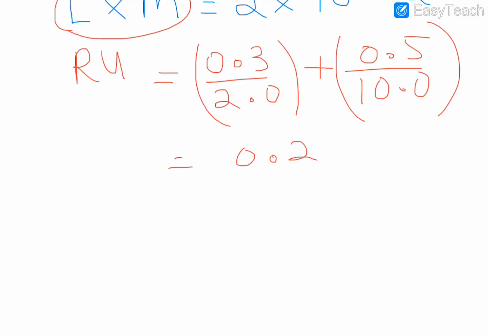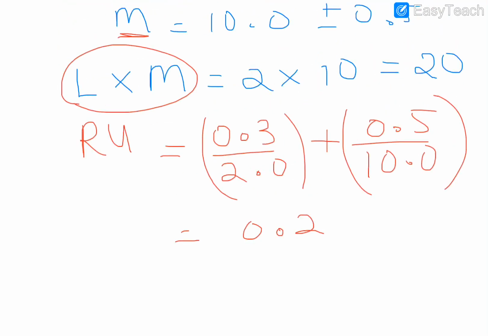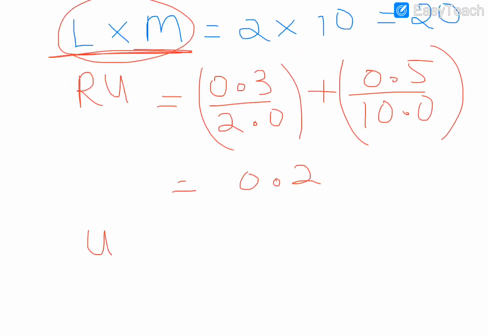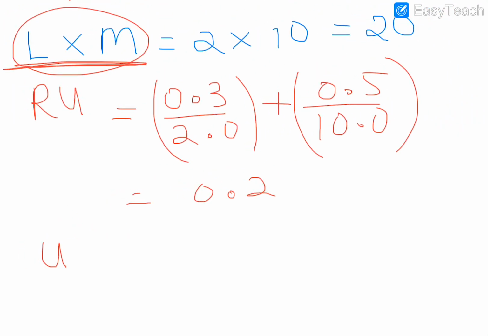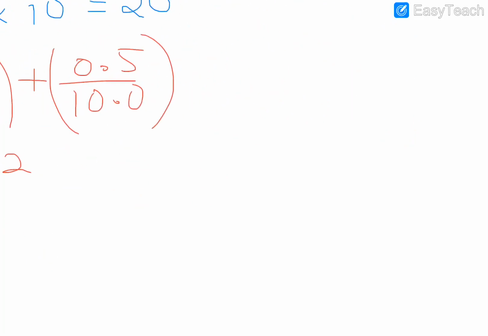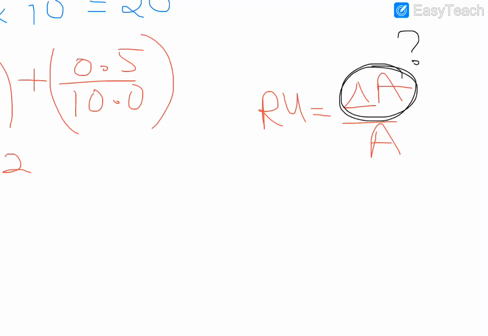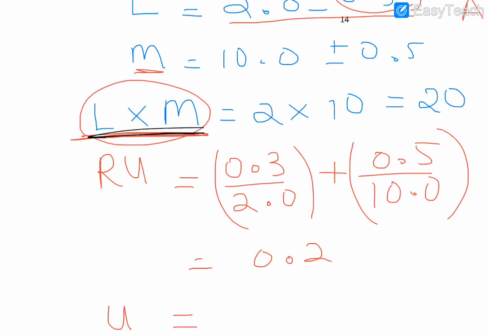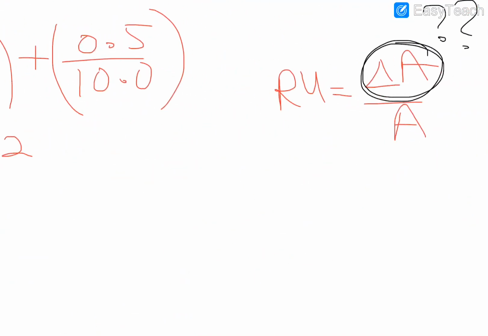Now, this is the relative uncertainty. Now, the uncertainty for this value would be equal to, let's show you something. So relative uncertainty normally is equal to delta A over A. So in this case, we need to find the delta A. This is what is unknown here. Delta A, that is the uncertainty related to this calculation, which is our unknown.